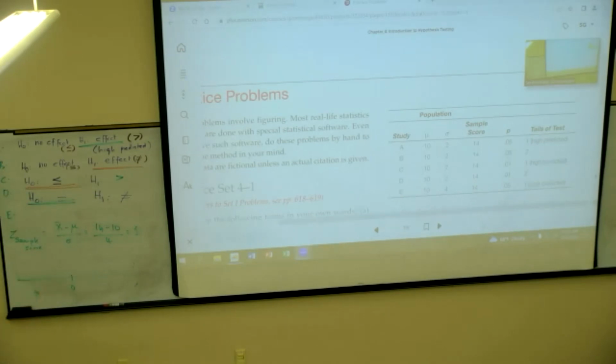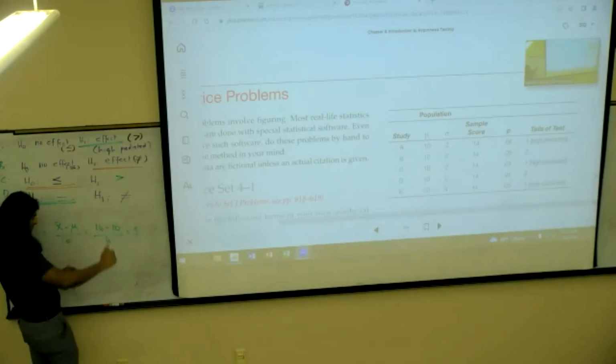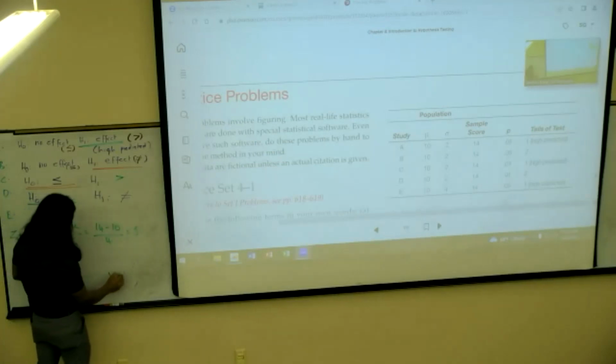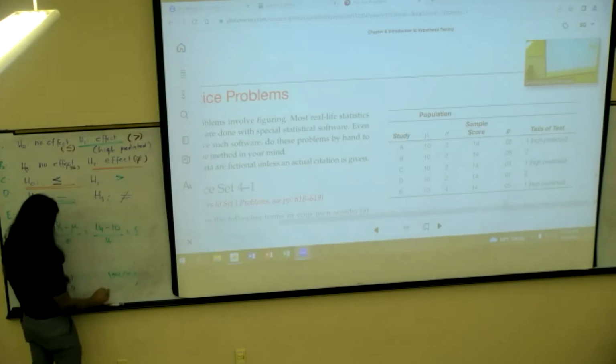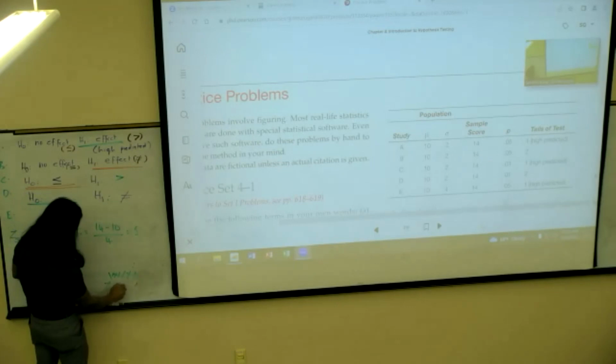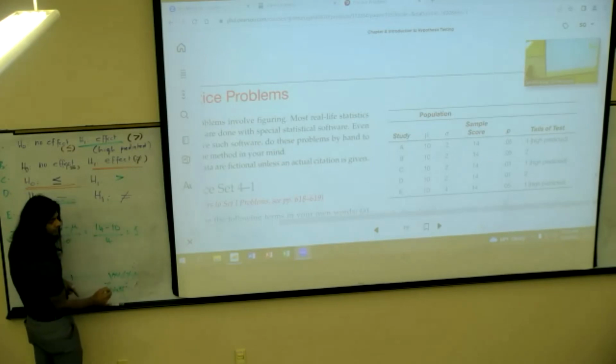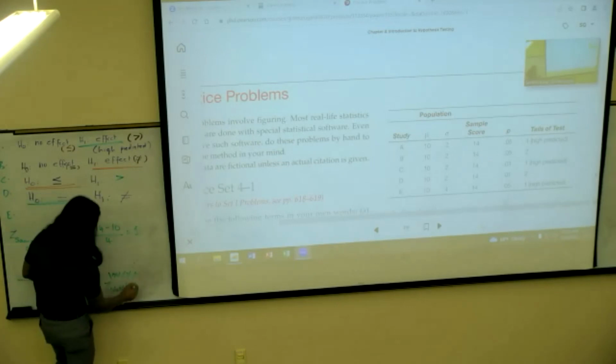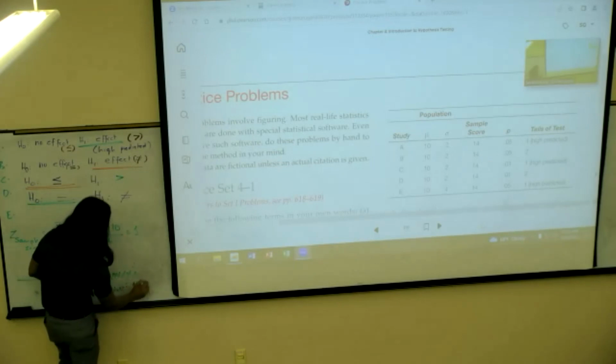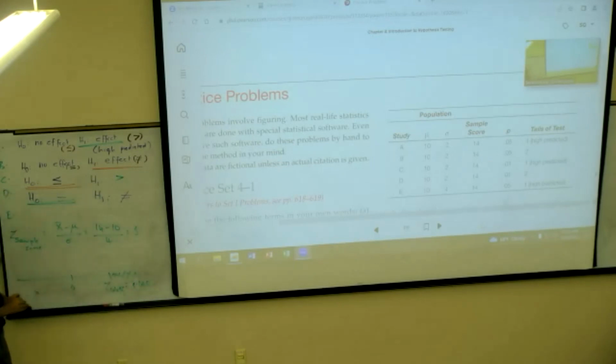The alpha is 0.05, and we know for a unidirectional test when alpha is 0.05, that value, the cutoff, is 1.645. 1.645 and above, you reject. Otherwise, you don't. So where does it fall?